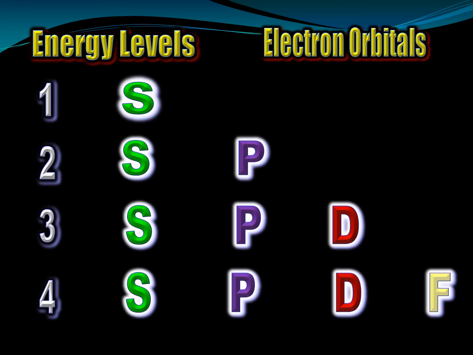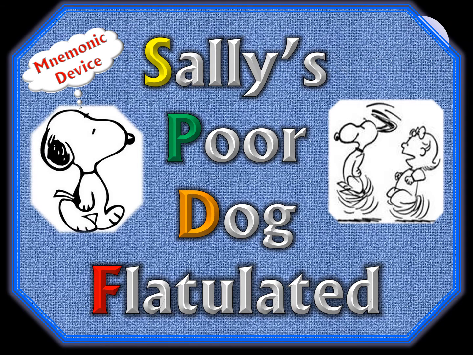Energy level 4 has all four orbitals: s, p, d, f. How do you remember those? You remember them because of Sally's poor dog, Flatulated. This is the mnemonic device only to remember the sequence of orbitals in an energy level.